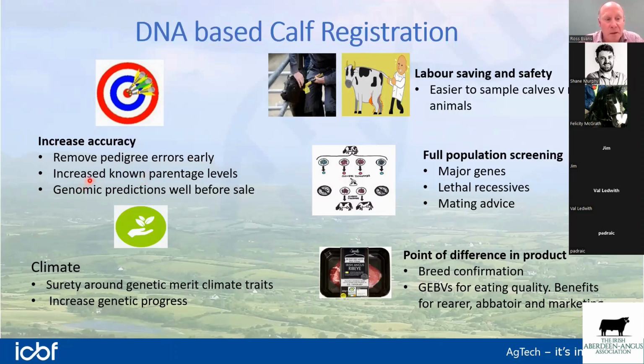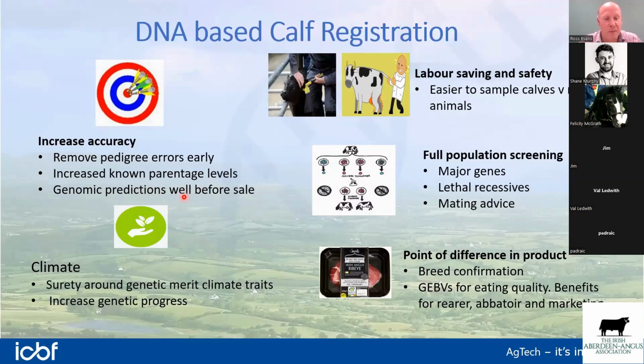Okay, so it will help to remove pedigree errors early. It'll also help to increase known parentage levels, because we do still have a lot of unrecorded sires in the population. If we got all the calves genotyped, we'd be able by and large to get almost full coverage at the sire recorded level. And you get genomic predictions then well ahead of sale.